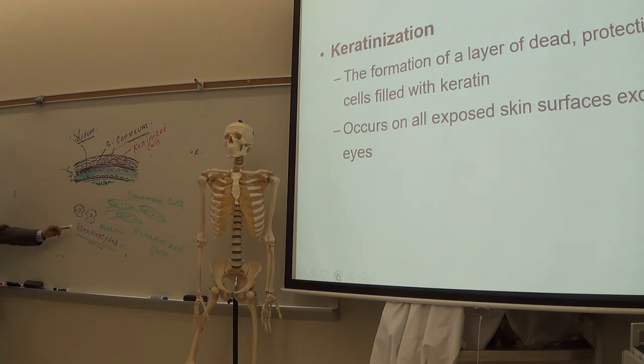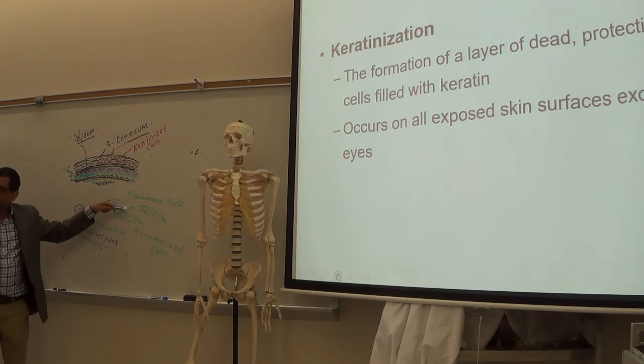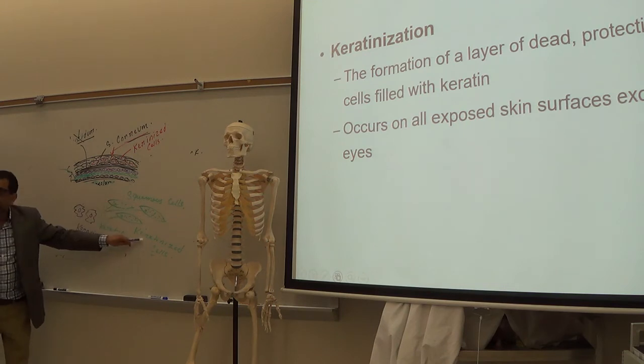So two types of cells, right? These are keratinocytes. If I ask you, keratinocytes do what? Secrete keratin, right? And keratin is what? Highly specialized protein. Very good. And these flat cells get filled with keratin and become keratinized cells.